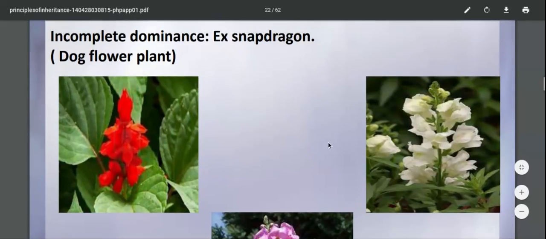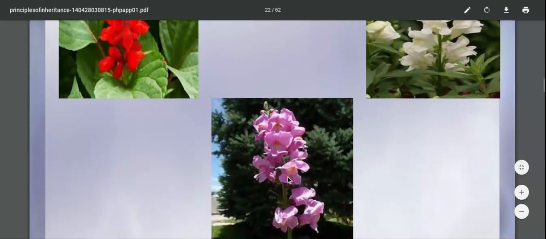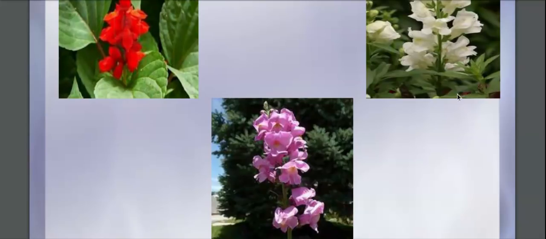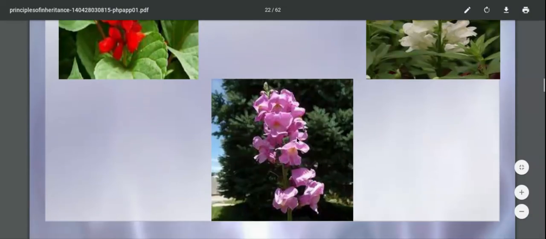So as per Mendel's rules, what should have happened when red is crossed with white? In the F1 generation, it should have been all dominant, that means red flowered plants, but it was seen that the plants were pink in color. So showing you that in this plant, red is not totally dominant over white, giving this expression of pink.